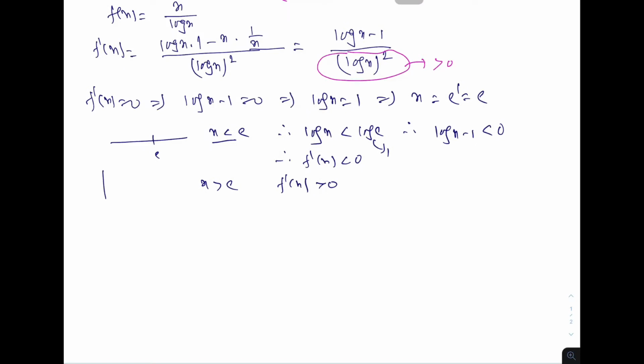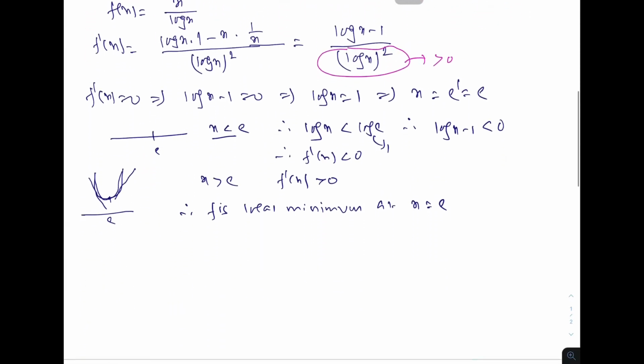So we are having like this. So here the derivative is less than 0, and then say suppose this is e, so we are having sag here, so that means local minimum. So therefore f is local minimum at x equal to e, and we want local minimum value.